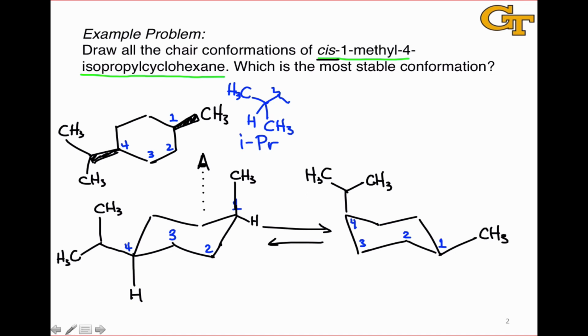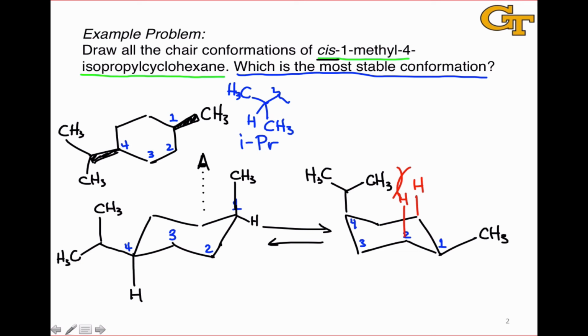And now we're left to judge which is the most stable conformation, which is kind of the second half of this question. Remember that the instability of a particular chair form comes from interactions between axial hydrogens or other axial groups and large axial substituents. There tends to be a lot of steric hindrance going on between axial groups like this. And the smaller the group, the less is that hindrance.